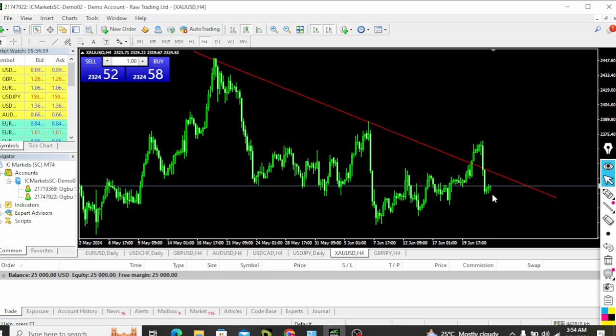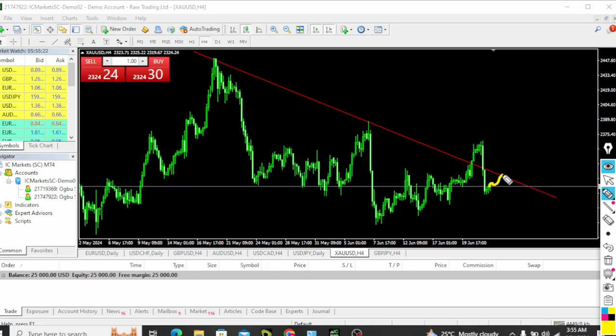So what are we expecting from gold for the coming week? You see this trend line, the pair has taken it out with two convincing bearish candles. So what I'm expecting is that the pair is going to move up into this trend line.